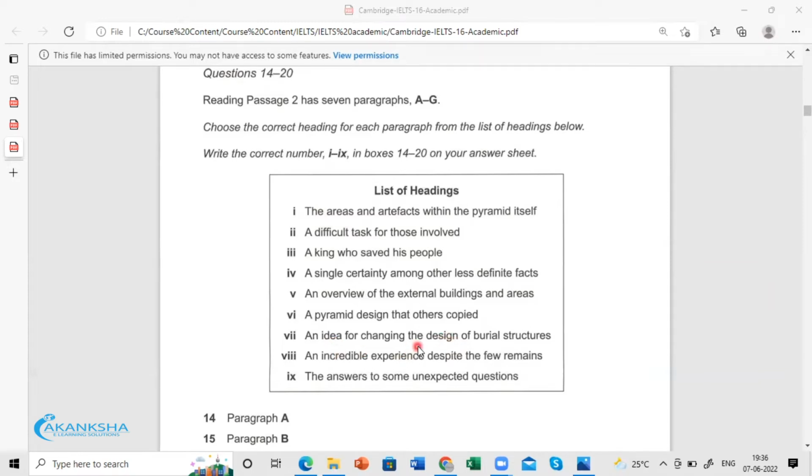The idea of changing the design of burial structures: they are not discussing burial structures. Incredible experience despite the few remains: they are not discussing. Answers to some unexpected questions: unexpected, they are not talking about.